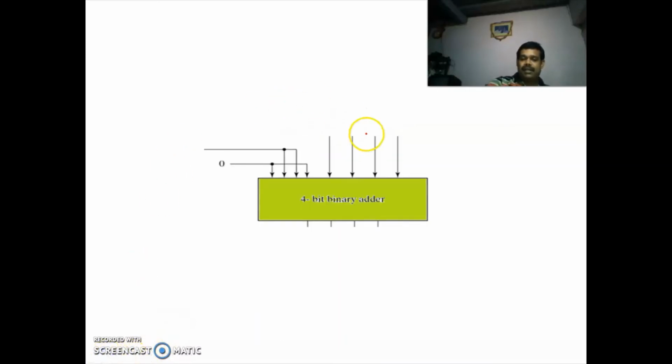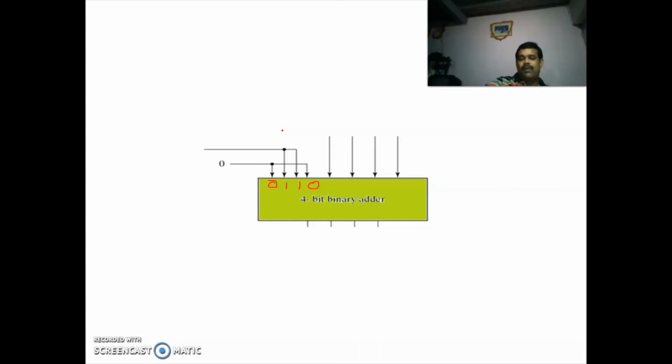Then this adder will add 6. 6 is nothing but 0110, so we have made the LSB and MSB 0. The middle two bits depend upon the output of that circuit. Now this will add 6 if the sum is greater than 9 or if a carry is obtained.